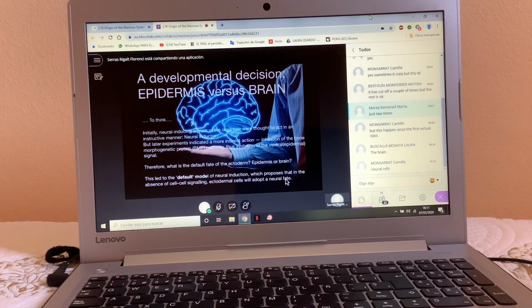Now it is not exactly like that, but some experiments have been done, and it has been found that ectoderm in certain conditions is able to activate some markers of the early nervous system. Okay, so you need indeed some signals to be epidermis, and probably that is telling us that maybe this is a very provocative model. Okay, so this is something that there is a lot of discussion behind.